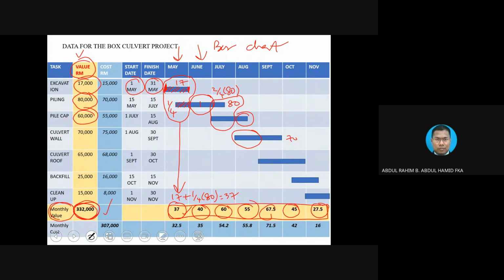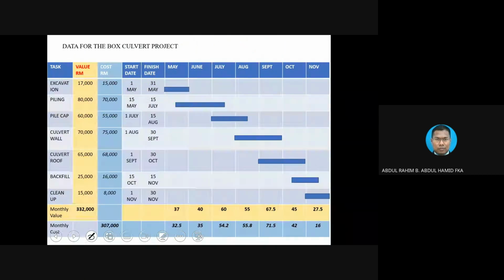Then what happens is the next row, you notice the monthly costs. I will focus on this column, using the same length of the bar because the schedule is the same. Now I go back to May. You notice that this is the bar for the month of May. And for May, I will start with 15. So this is 15.